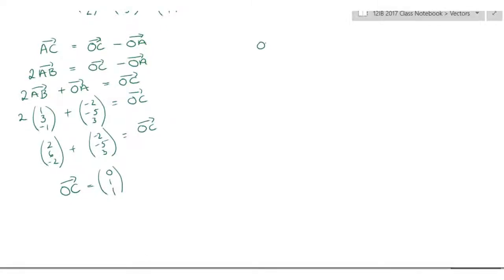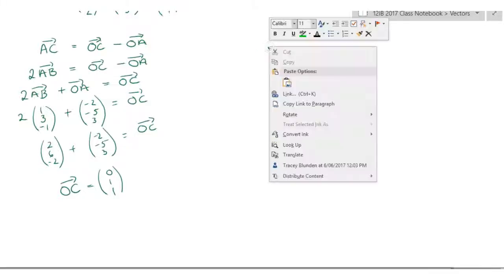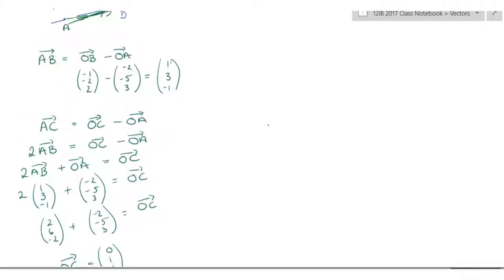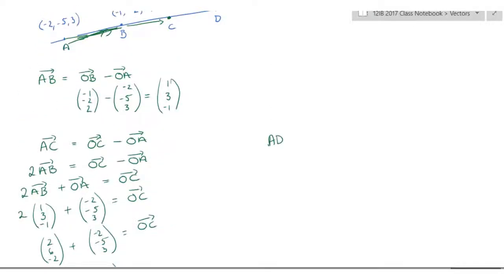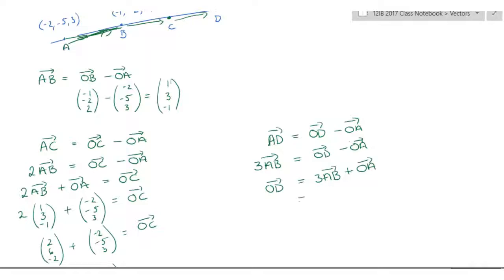And for OD, we'll find this one. We start with our AD equals OD minus OA. This time we're going to have 3 lots of our AB. Again, we want to find OD, so we move our OA to the other side. So 3 lots of AB, add our OA, and then we can fill in what we know.